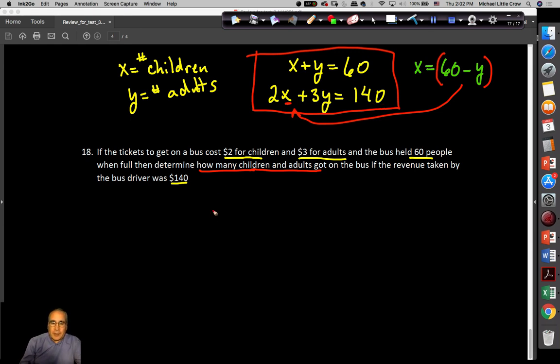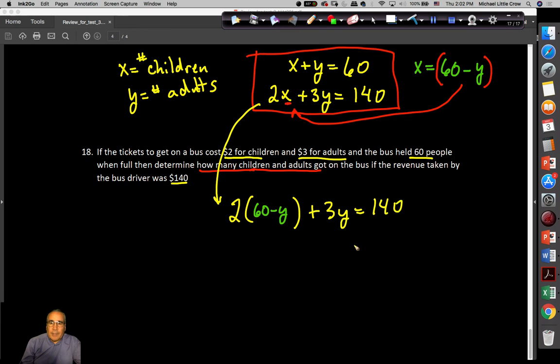So we take this second equation down here. But instead of using the X, we're going to use another form of X, because these X's are the same. Back to plus 3Y equals 140.